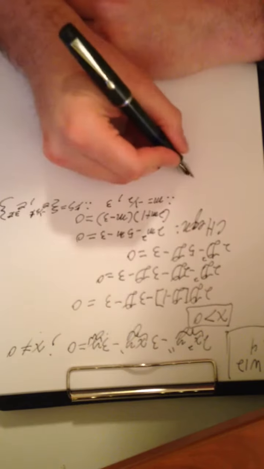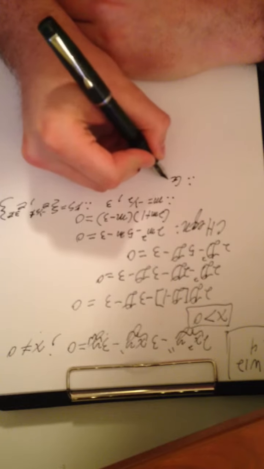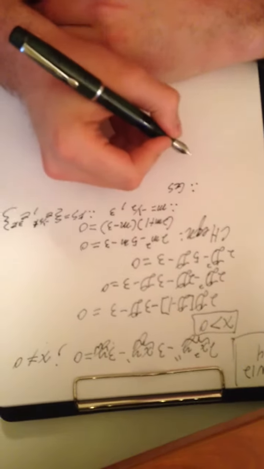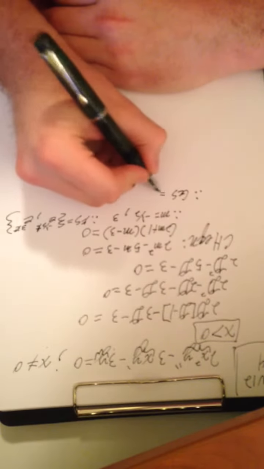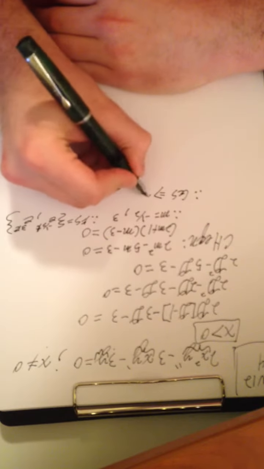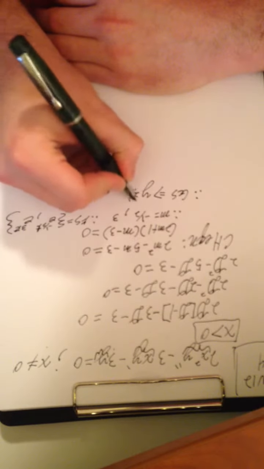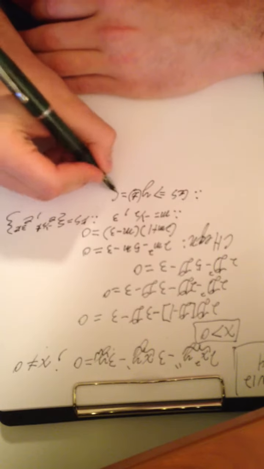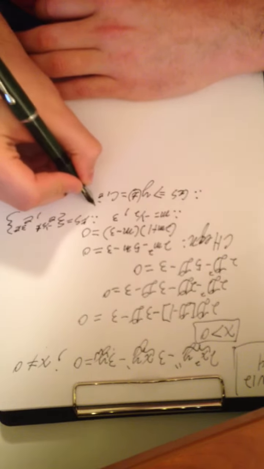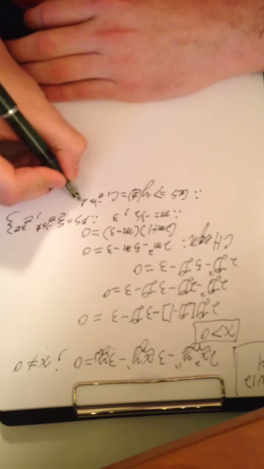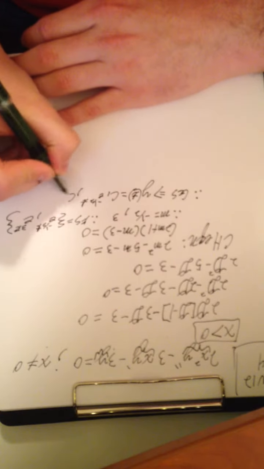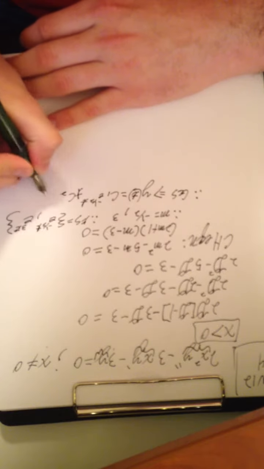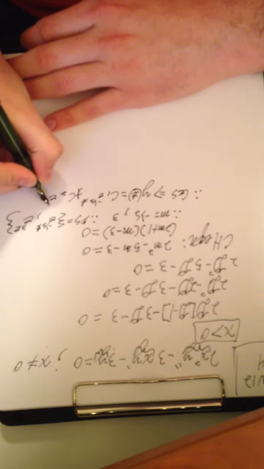And therefore, we can state that our general solution is going to be y of t, not x, but t, is equal to c1 e to the negative 1/2 t plus c2 e to the 3t.